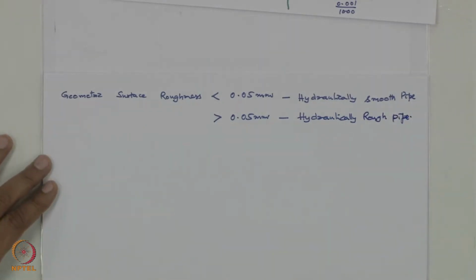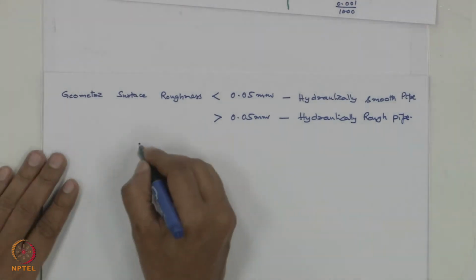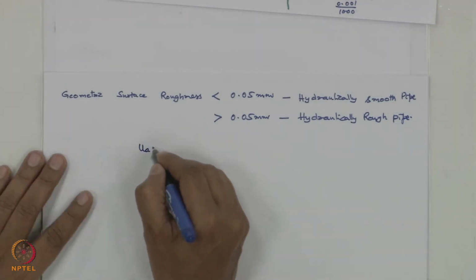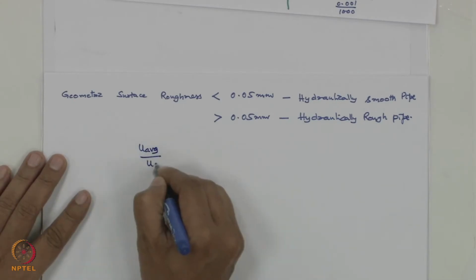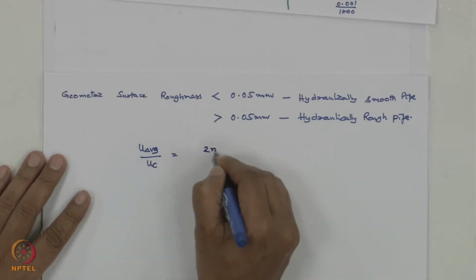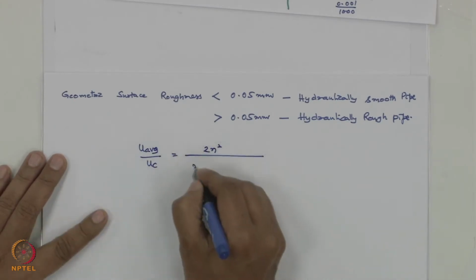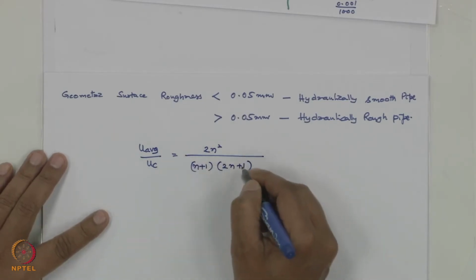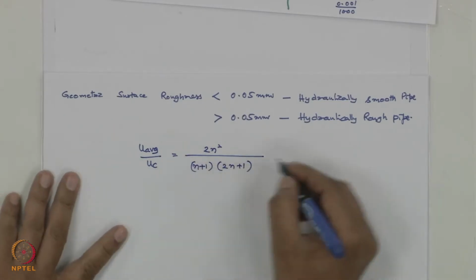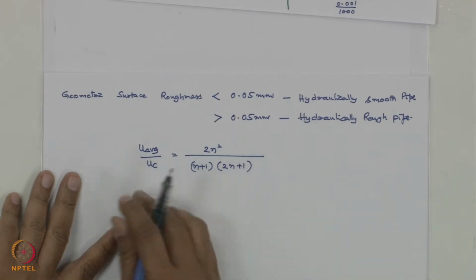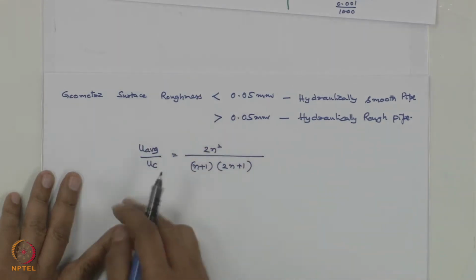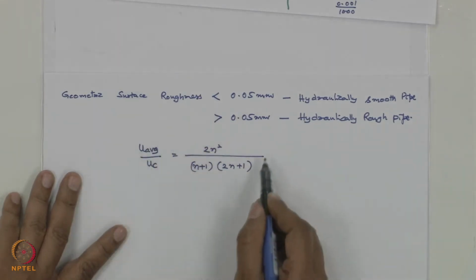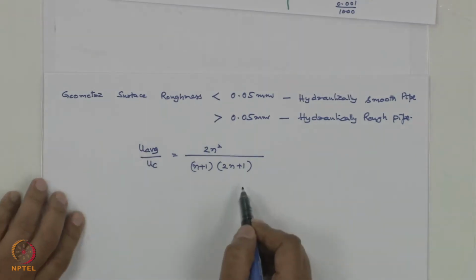Hydraulically rough pipe. So now I will assume that the velocity profile U average by U center line is equal to 2n squared divided by n plus 1 into 2n plus 1. This I will derive in the next module. Actually, what I have done is I have taken the velocity profile as a power law. I will do the derivation of how I got this in the next module.